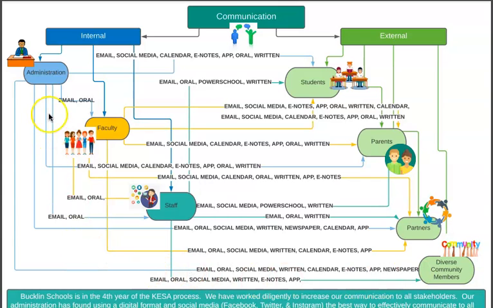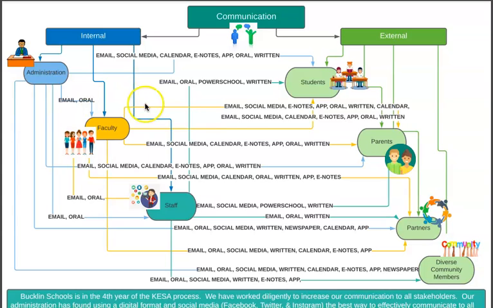So our administration definitely uses email and oral communication. They're very much into using digital means to communicate. It goes out to everybody, including the staff and the faculty and the community members, so it remains very transparent.